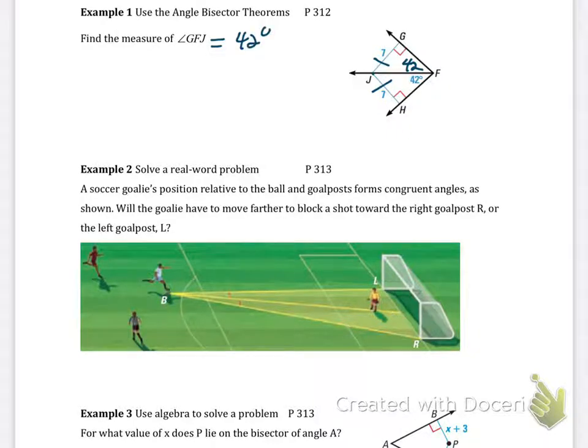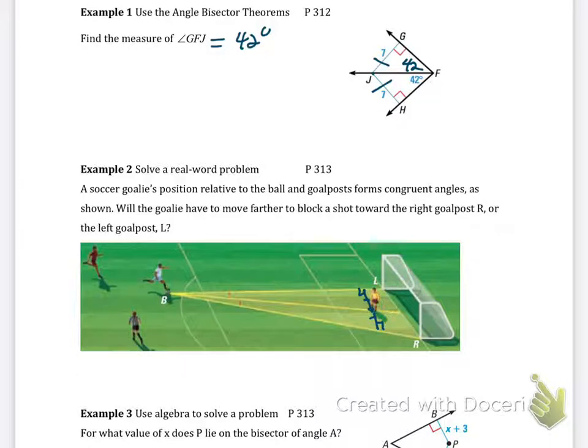Okay, look at this goalie problem. A soccer goalie's position relative to the ball and goalposts forms congruent angles as shown. Okay, so that's an angle bisector. So what do I know? I know that this little guy is standing on the angle bisector, and therefore his distance to either side is going to be exactly the same. Okay, so now let's read the problem.